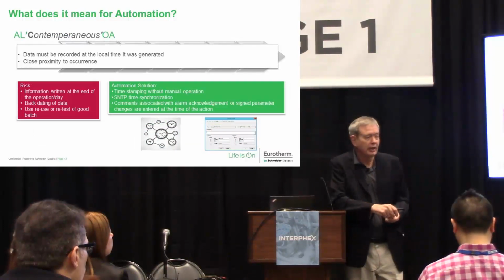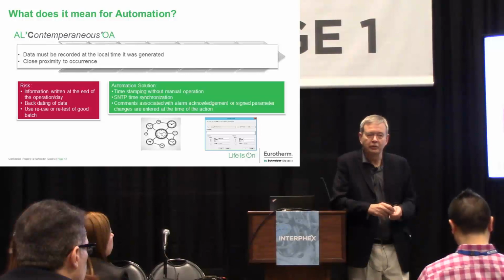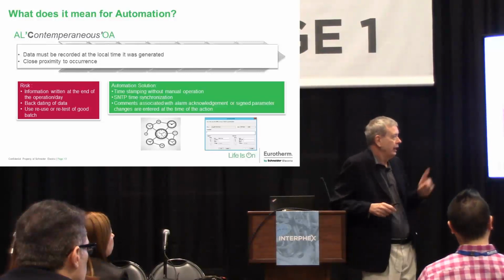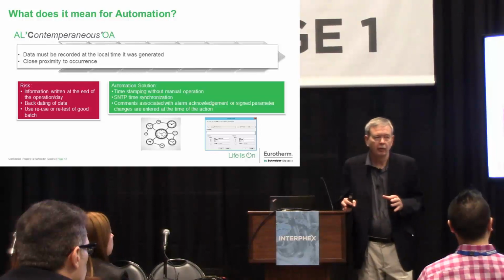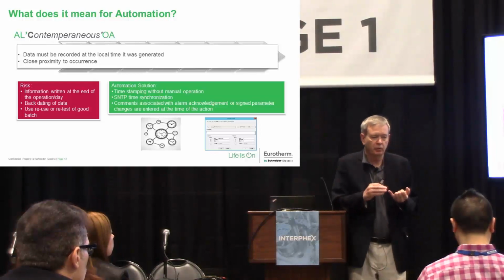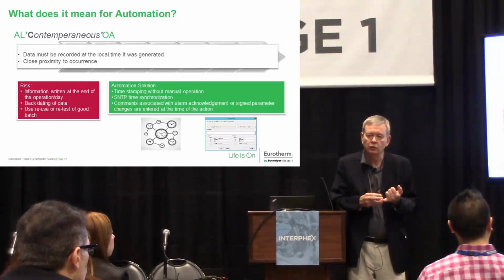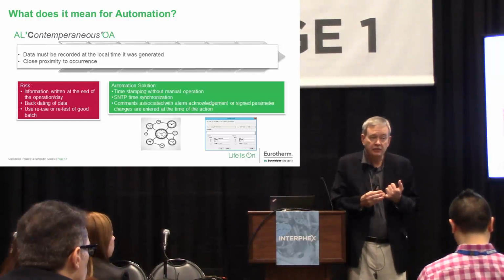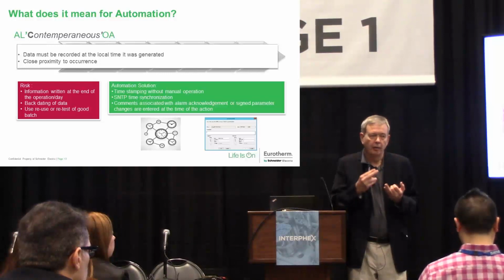Contemporaneous is the C in ALCOA. Nice, lovely, long word, not one you use in dinner conversation very often, but it's important here. To break it down into a nutshell, the key difference here is the difference between manual recording of events associated with your process, regardless of whether you're controlling or monitoring, and automated time stamping.